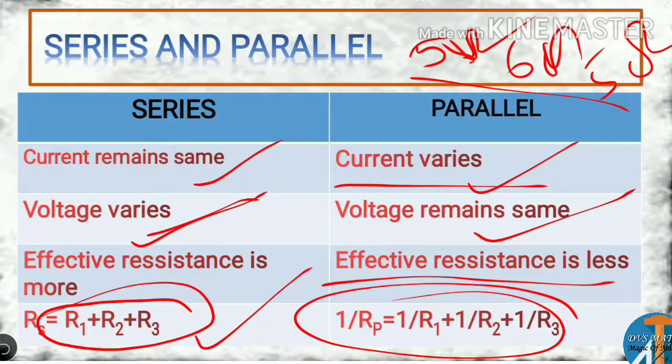Again, in series current remains the same, current varies in parallel; voltage varies in series, voltage remains the same in parallel; effective resistance is more in series, less in parallel. The formula for series is Rs equals R1 plus R2 plus R3. But in parallel, 1 by Rp equals 1 by R1 plus 1 by R2 plus 1 by R3. You have to take the reciprocals. This is about the difference between series and parallel.